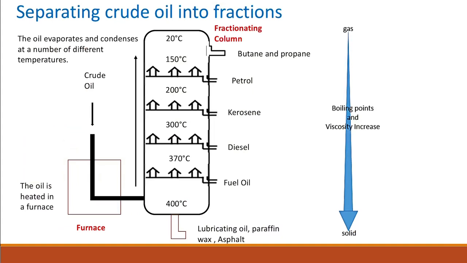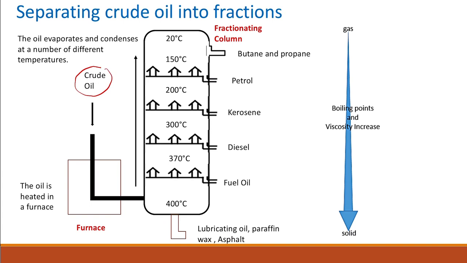How do we get the hydrocarbons? We get them from the crude oil. And to get the different alkanes from crude oil, we need to separate the crude oil into fractions, because crude oil is a mixture of so many different hydrocarbons with different chain lengths. So to do this, the process of fractional distillation of crude oil, you start off by heating the crude oil in a furnace and vaporize it.